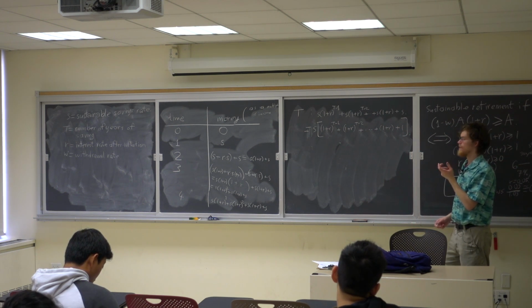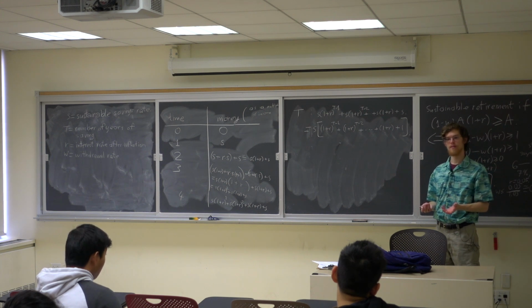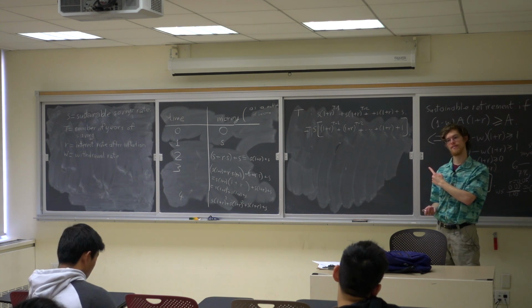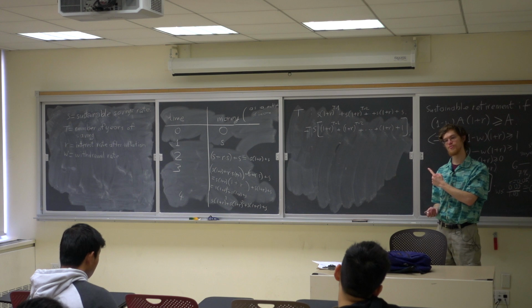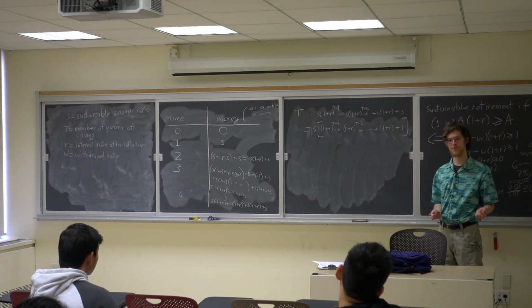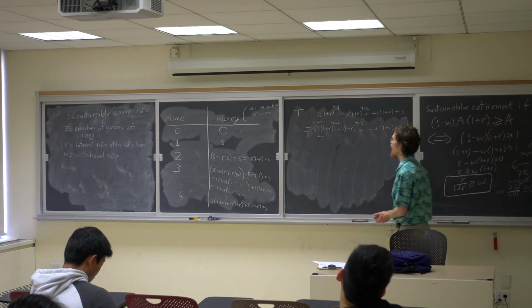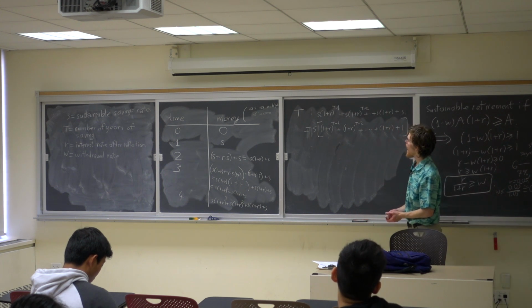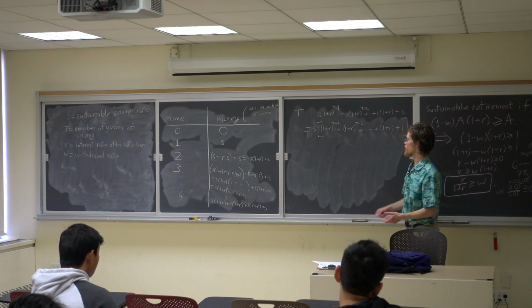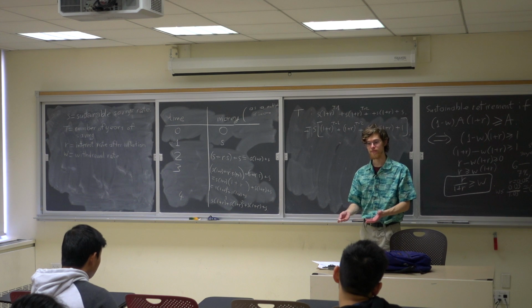Now I'm going to use a trick to simplify this dramatically. The trick is a little strange, so bear with me for a moment or two. First of all, I'm going to abbreviate this long thing by a single letter.